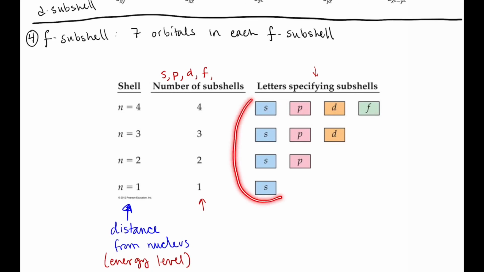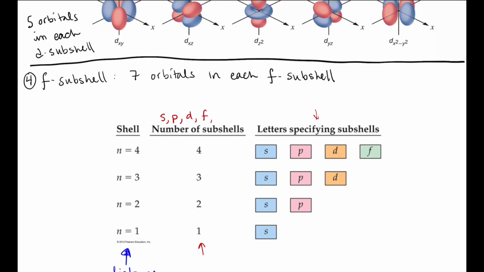So we can have 4S, 4P, 4D, and 4F. And in each case, all of these are spheres, all of these are figure eights, most of these are those 4-leaf clovers, and then we didn't talk about this, but you could Google the shapes for that if you want to. Okay. So we're going to start to put electrons into orbitals, and we'll be talking about how we do that and how we write that out in the next video.